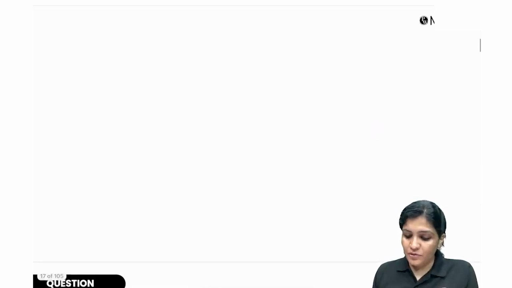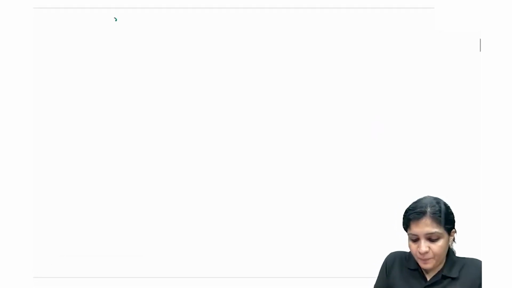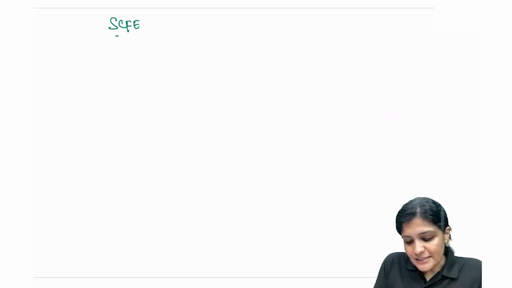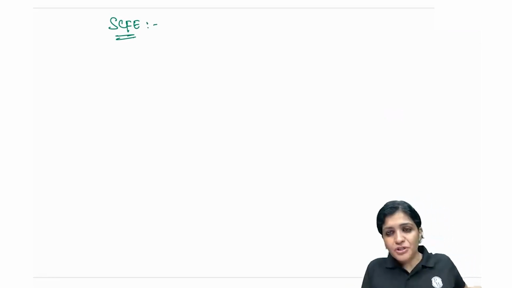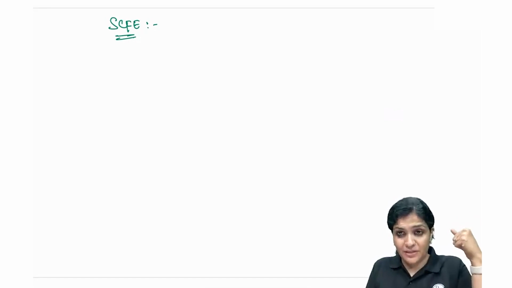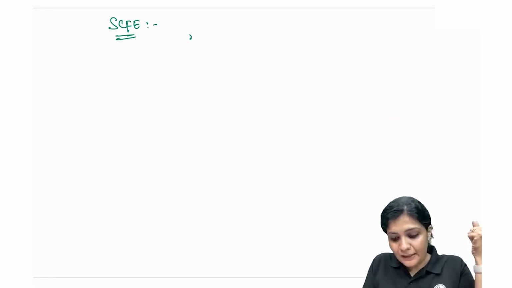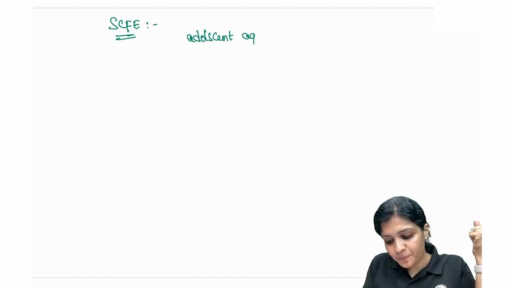And then one more important thing I want to tell you in pediatrics is SCFE. So what is SCFE? This is slipped capital femoral epiphysis. Usually whenever they want to ask you about SCFE, they present the person or male in adolescent age, right?